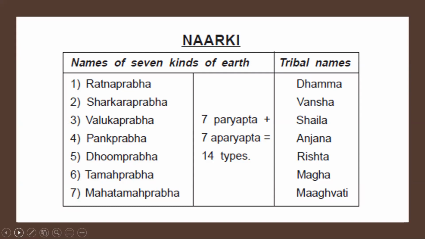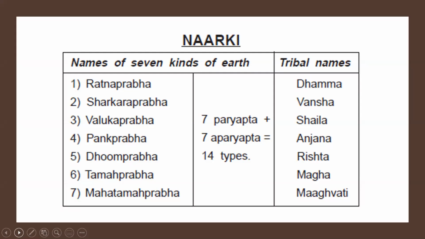Now, all the Jeevs in the 7 Narkavas have the Vaikriya Sharir, similar to the Sharir, the body of the Devs. So that means the Paryapti of the Narki Jeevs is the same as the Jeevs of the Devlok. For the first 48 minutes, the first Antar Murad, they are all known as Aparyapt. And after the Antar Murad, they all become Paryapt.